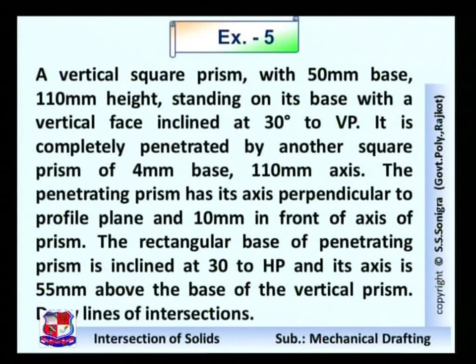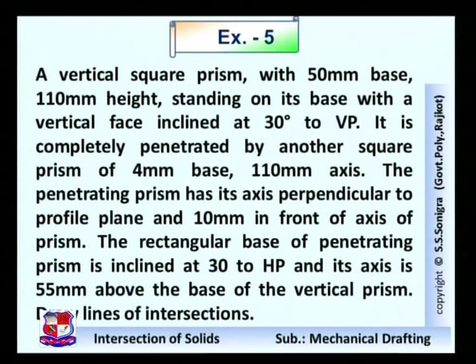The penetrating prism has its axis perpendicular to the profile plane and 10 mm in front of the axis of the prism. The rectangular base of the penetrating prism is inclined at 30 degrees to HP and its axis is 55 mm above the base of the vertical prism. Draw the lines of intersection.